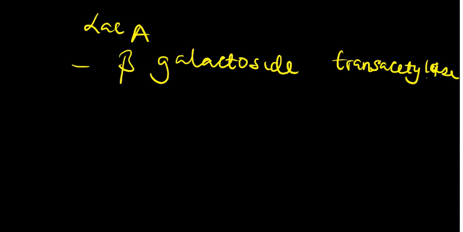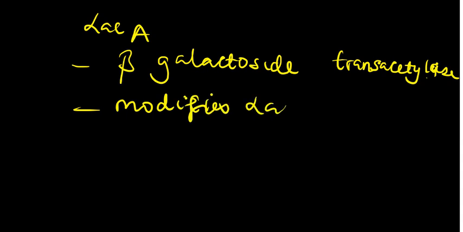So this is the enzyme that modifies lactose. It's very important that we talk about these structural genes in depth so that you're able to understand what exactly is happening.